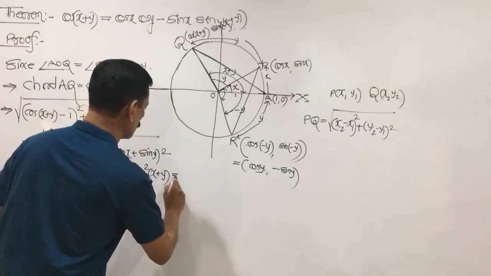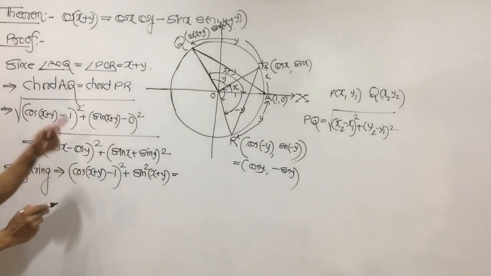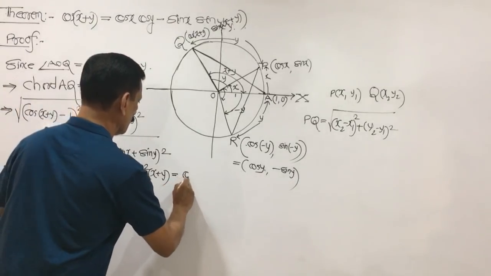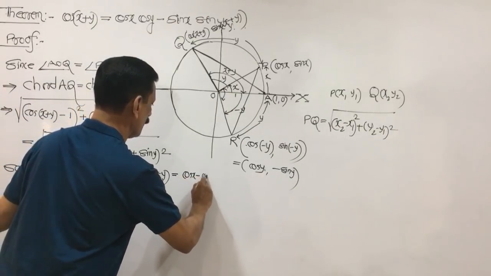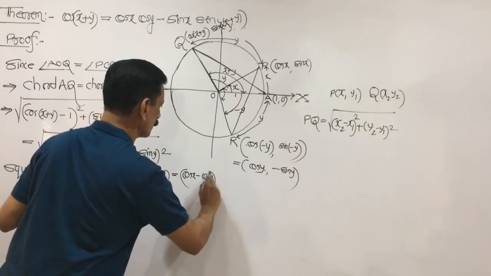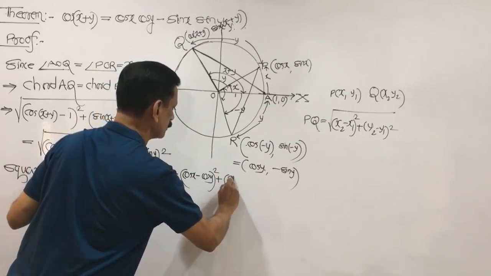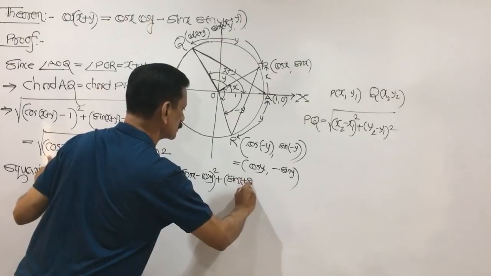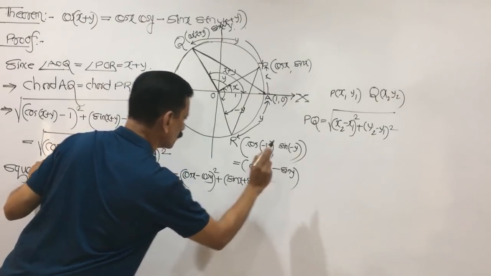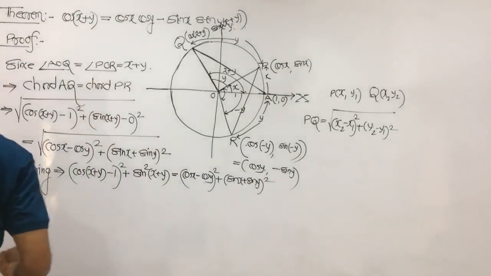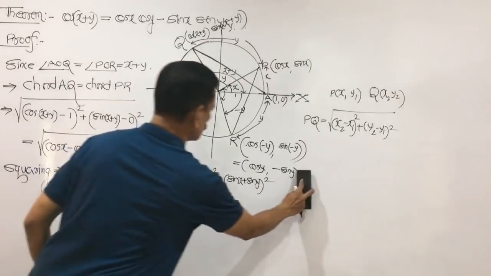And that equals, the root cancels, cos x minus cos y whole square plus sin x plus sin y whole square. Okay, the square root gets cancelled. I hope you understand my dear friends.